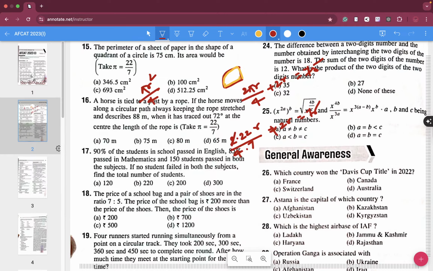This one gone 2 times, this one gone 11 times. 11r by 7 plus 2r is equal to 75.